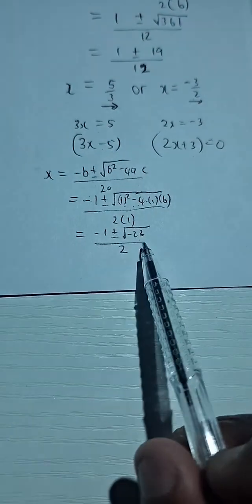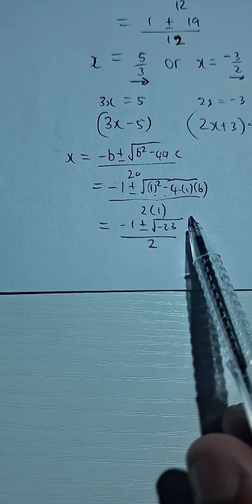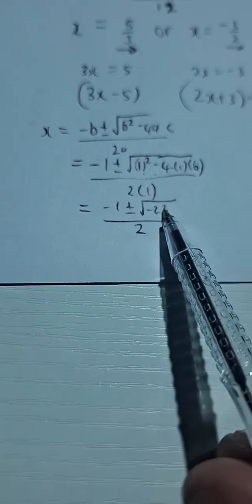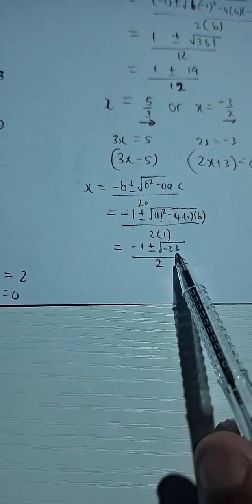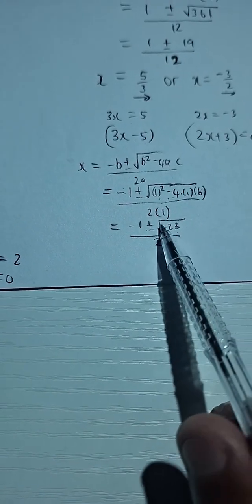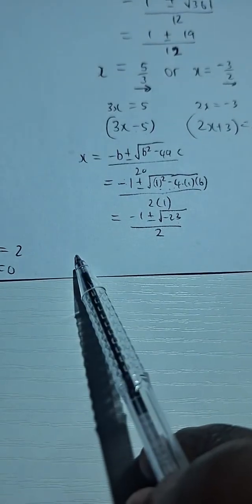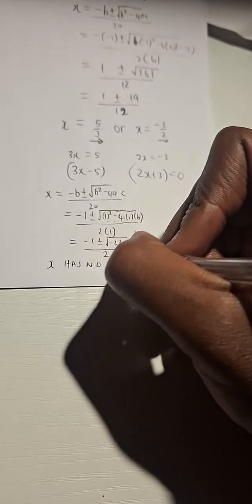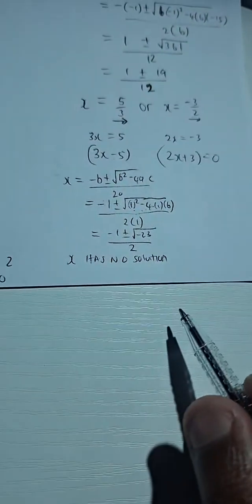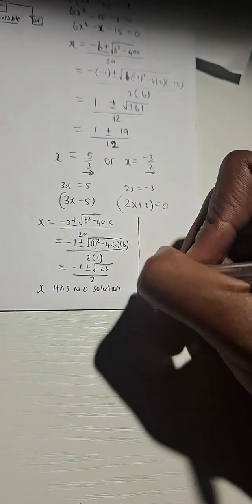Guys, when there's a negative number under the square root, what do we usually say about those particular roots? We say that the roots are non-real.